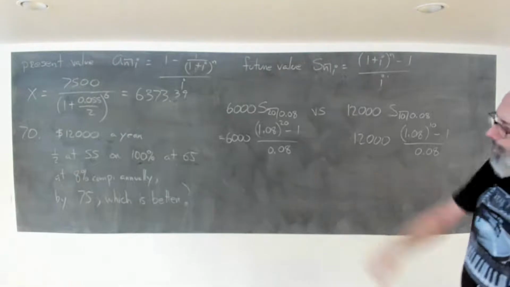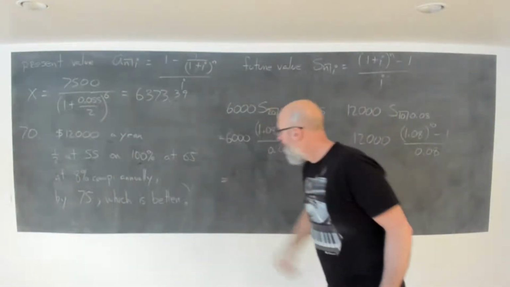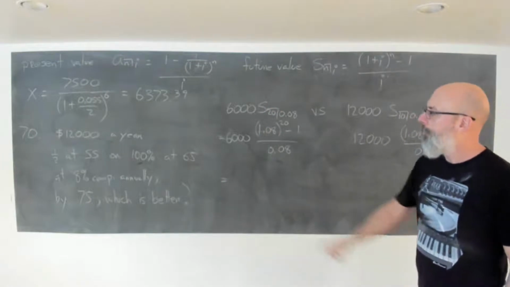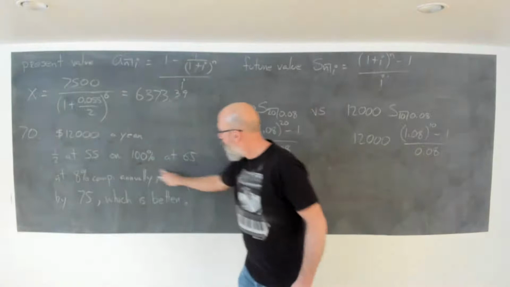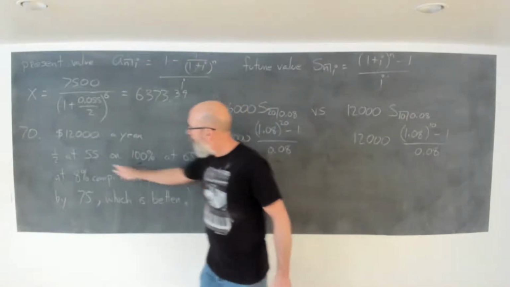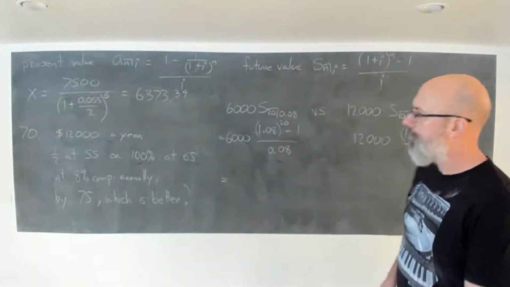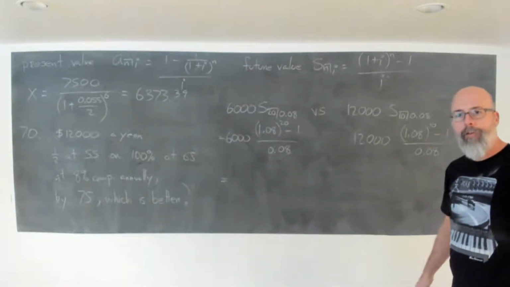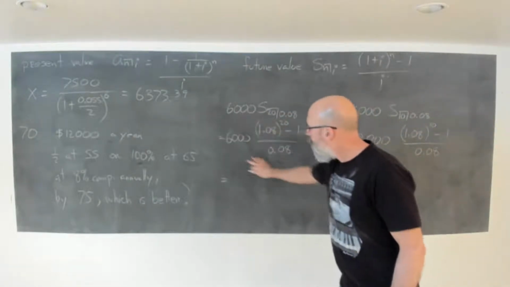Who knows if you're going to make it up to 75? So, right? If you passed away at 63, this would not have given you anything. Versus here, you would have had 8 years of $6,000 payments.